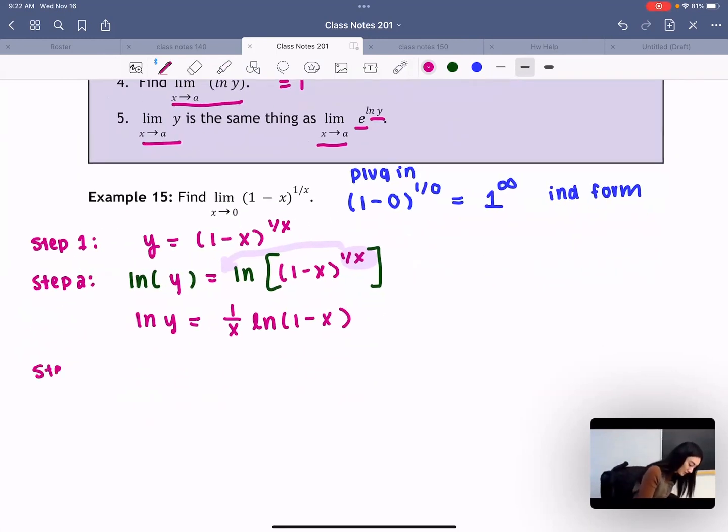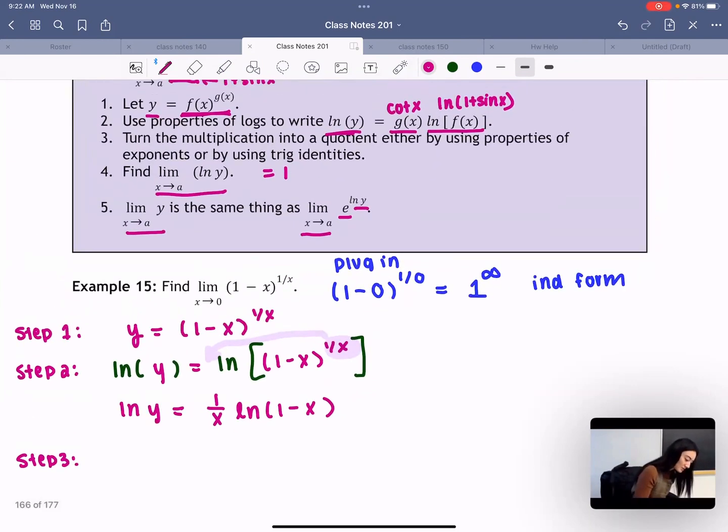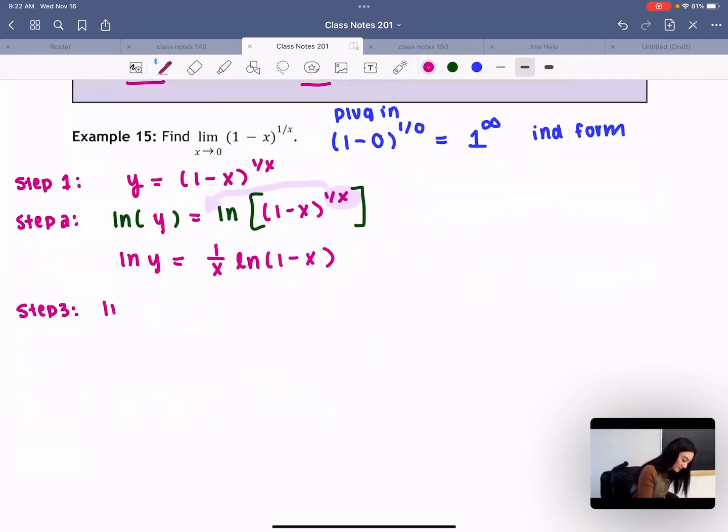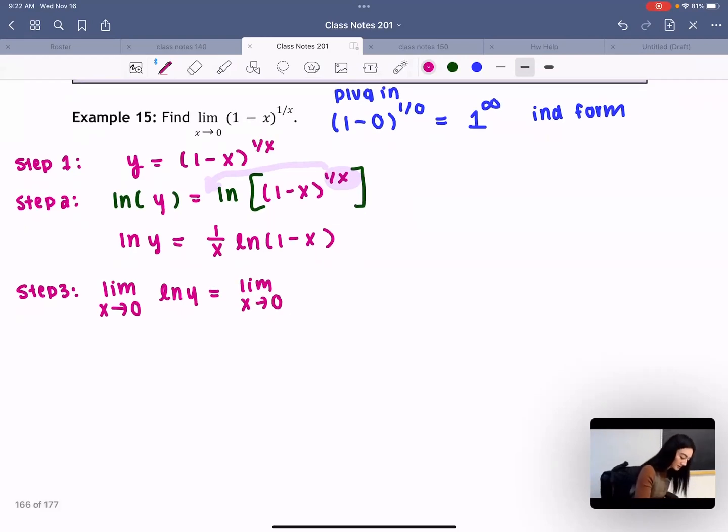Step 3, we basically want to find the limit as x goes to 0 of ln of y, right? So I want to find the limit of ln of y. And using what I just wrote in step 2, I know that ln of y is 1 over x times the natural log of 1 minus x.